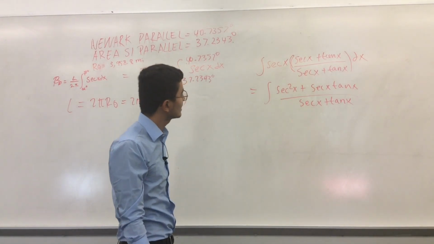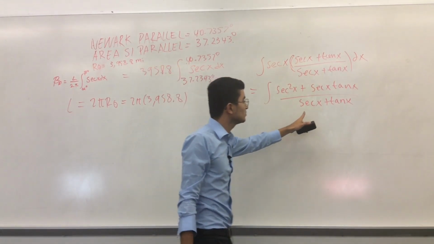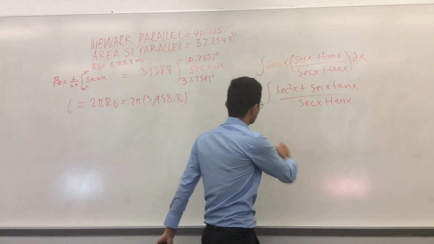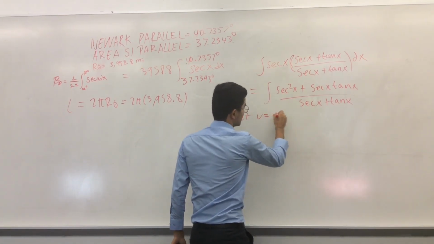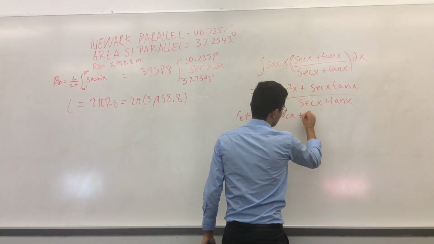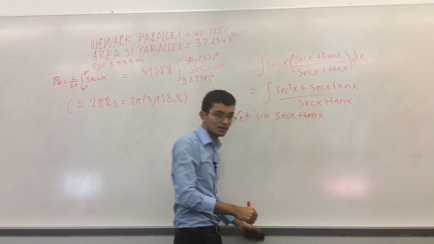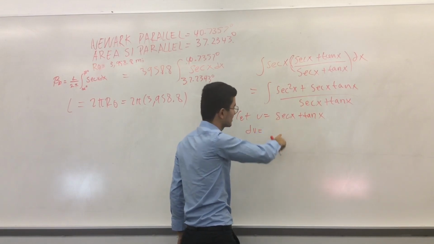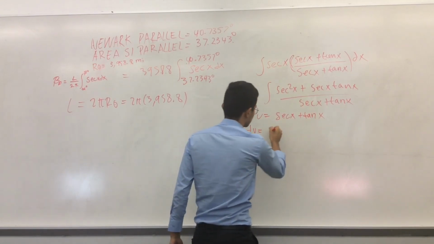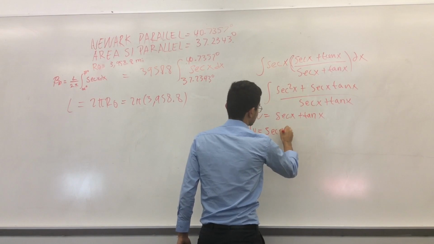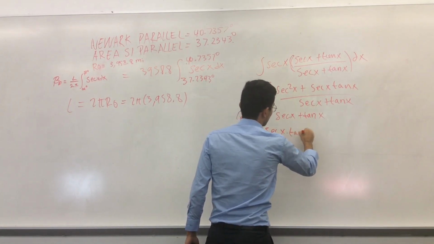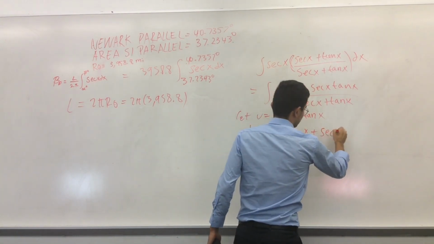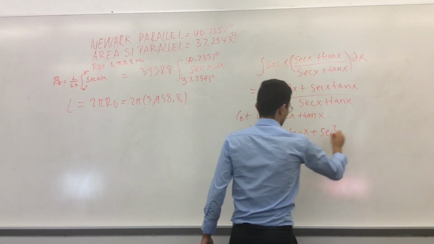Now take a look at this. If we let u equal secant x plus tangent x, what is du going to be? Look at what's going to happen. du is the derivative of secant x, which is secant x tangent x, plus the derivative of tangent x, which is secant squared x, all of that times dx.